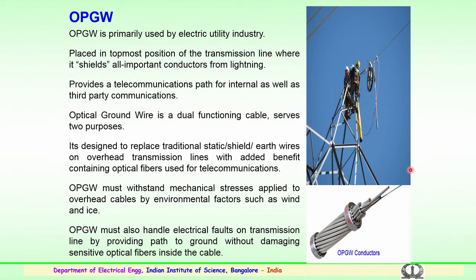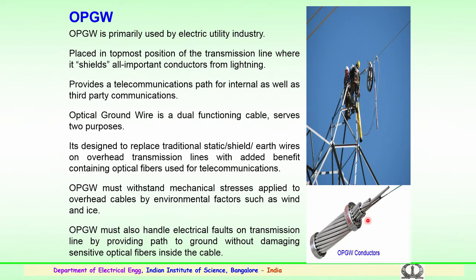So, we look into the optical ground wire, how important it is. You can see the topmost portion of the tower is the optical ground wire, which performs dual functions. This optical ground wire may consist of a similar construction and is primarily used by the electrical utility industries.